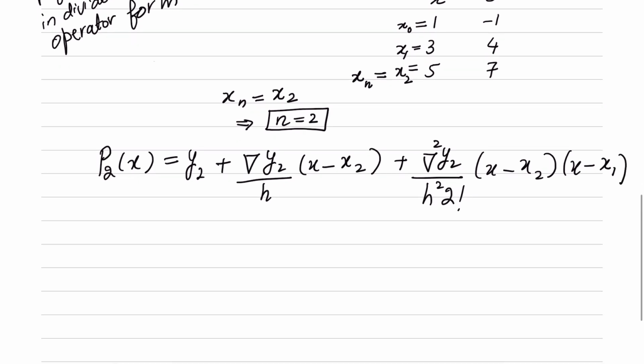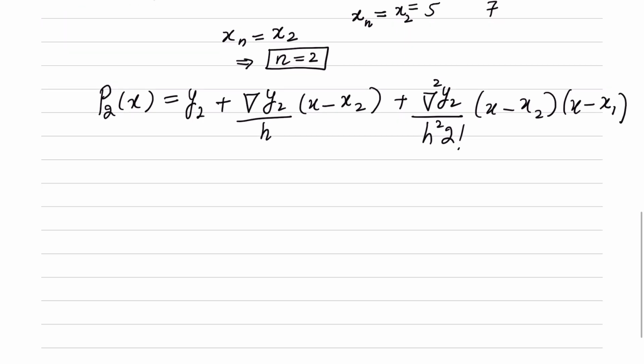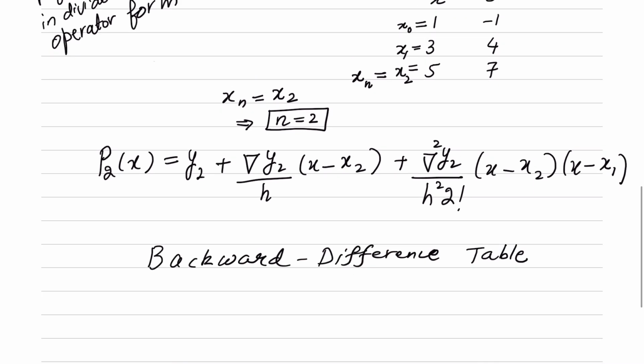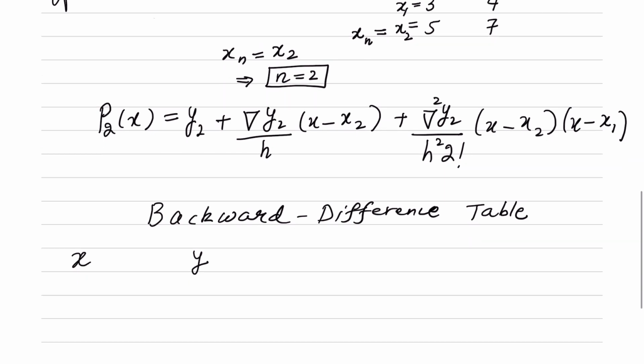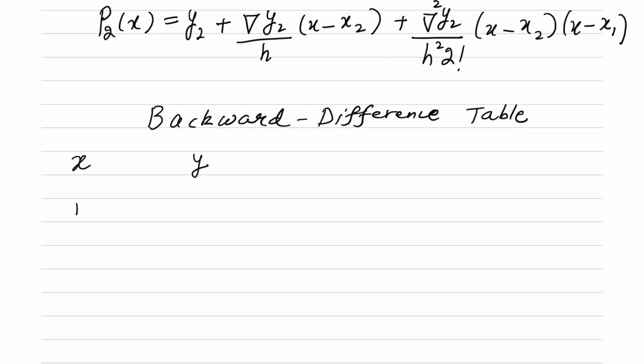Now in this polynomial we have to plug in the backward differences and the x values. To find the backward differences, we will construct the backward difference table from the given data. The x values and y values in tabular form are 1, 3, 5 and minus 1, 4, 7.